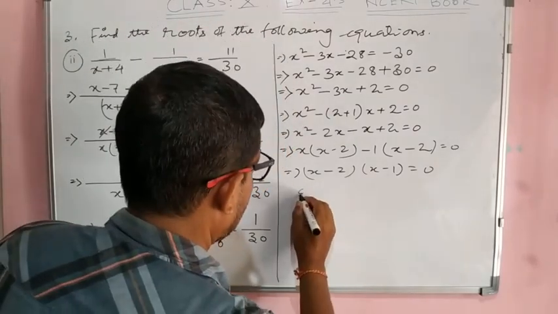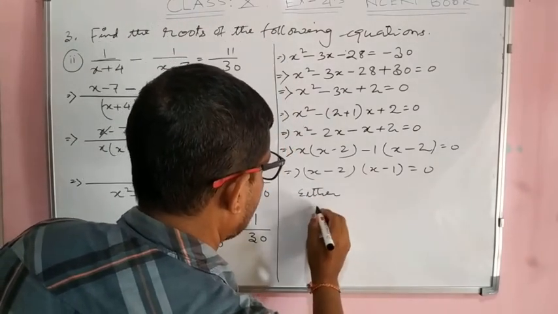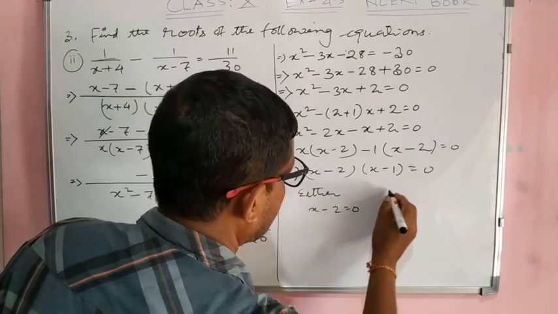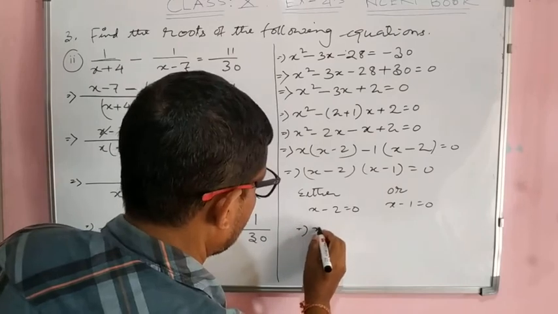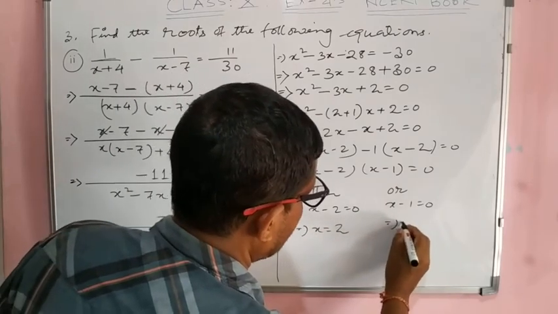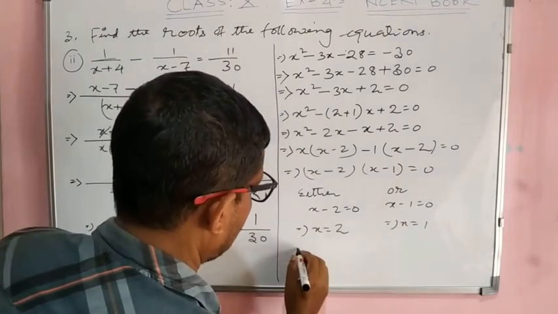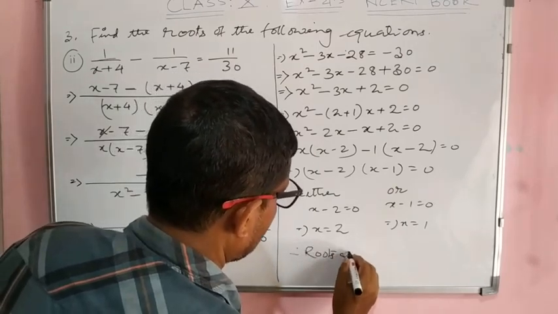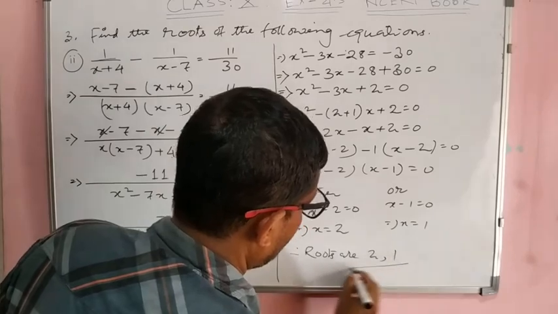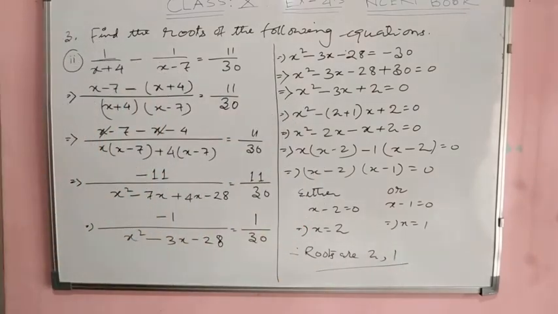Therefore either x minus 2 equal to 0 or x minus 1 equal to 0. This implies that x equal to 2, and this implies that x equal to 1. Therefore the roots are 2, 1.